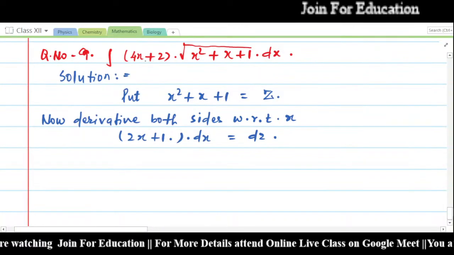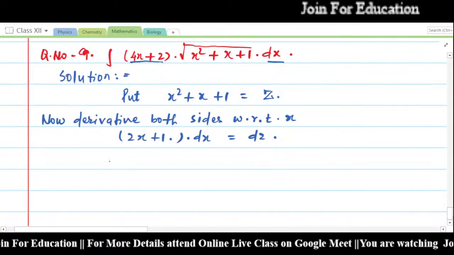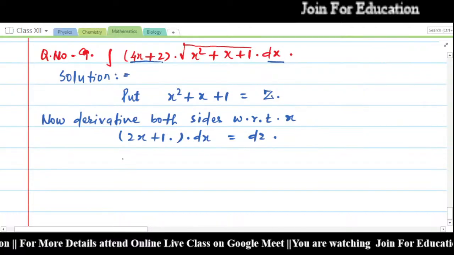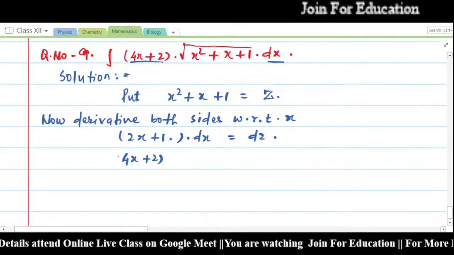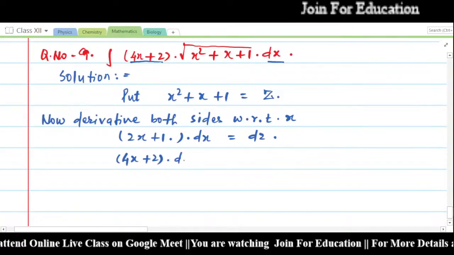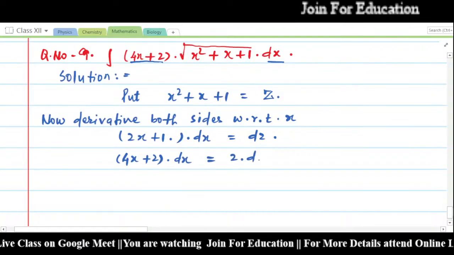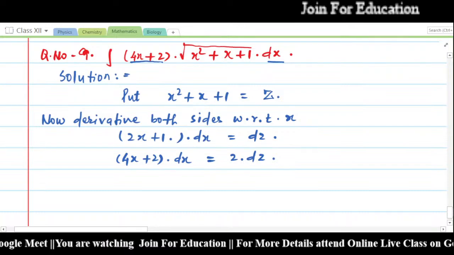So 4x plus 2 into dx will be what? We multiply both sides by 2, then we get 4x plus 2 into dx equal to 2 into dz. Hope there is no problem to understand up to this step.